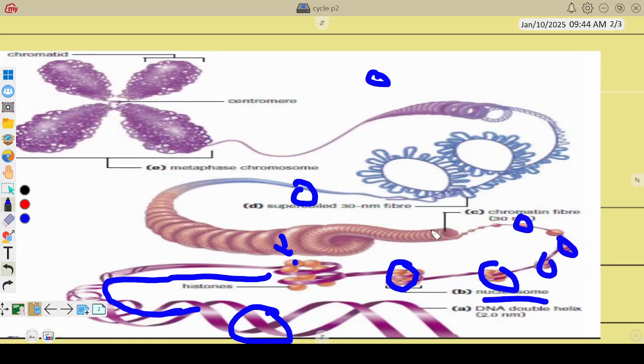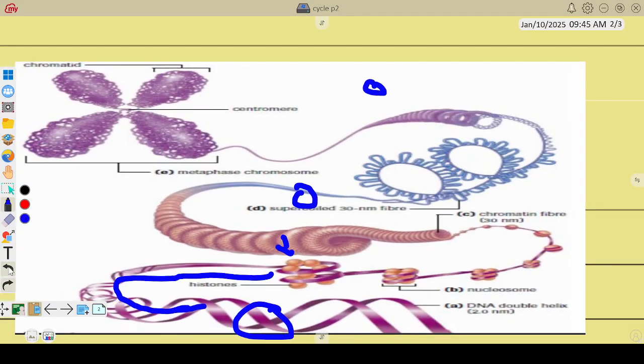The whole lot of these nucleosomes together will start curling up, and in the end they'll form a chromatide. So these nucleosomes form a chromatide, this chromatide here, and then two chromatides make up a chromosome, sorry.